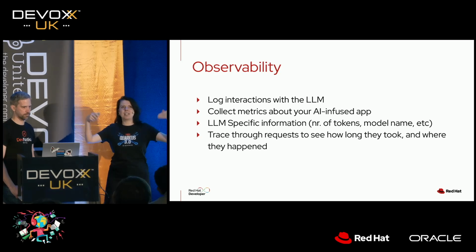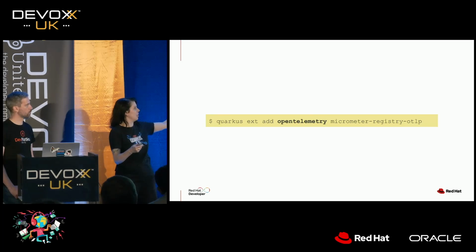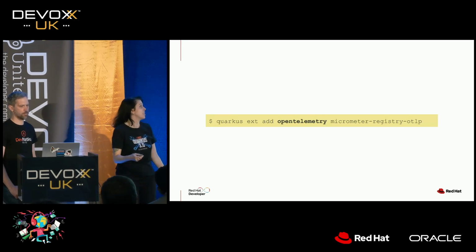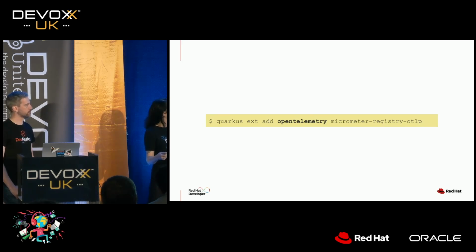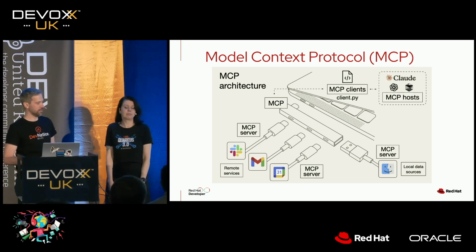So you can take advantage of the Quarkus observability stack, and again have that really nice integration with your extension, with your LangChain4j. For example, you could add the Quarkus OpenTelemetry extension and the Micrometer extension, and then you basically get it out of the box. So it's pretty nice to do.